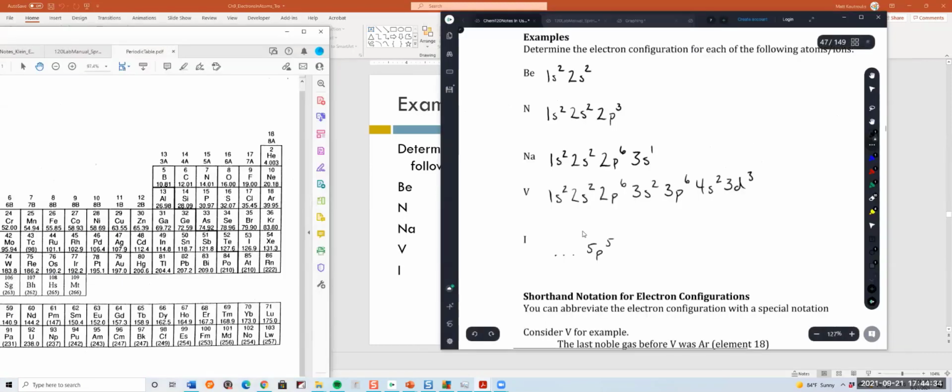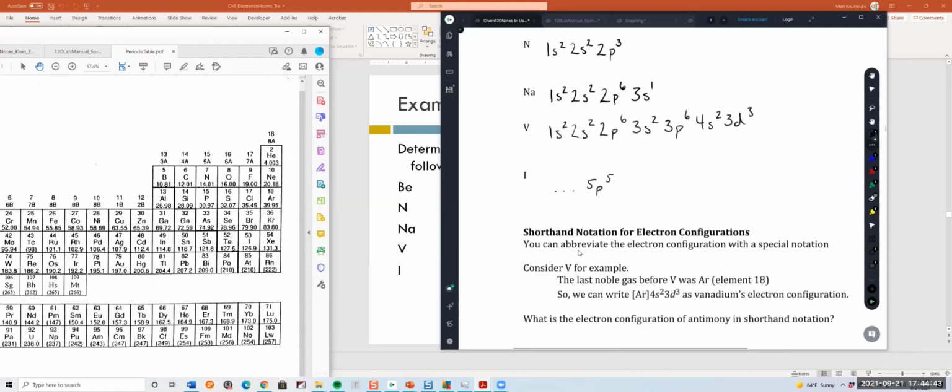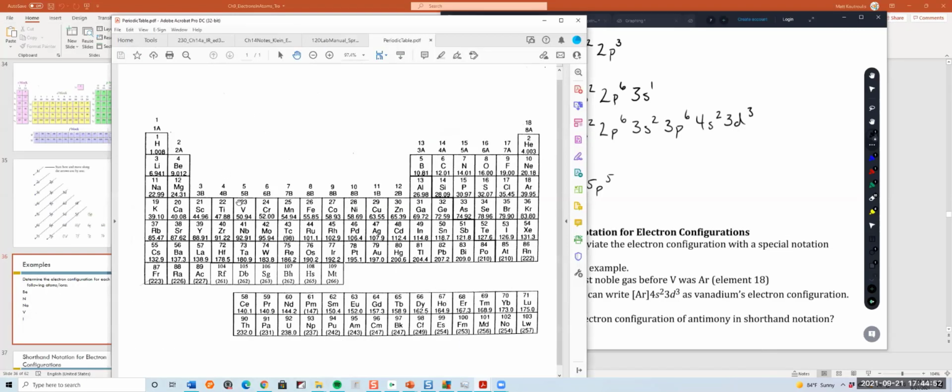Now there is a shortcut notation. And I strongly, strongly encourage you to use it. Okay? The shortcut notation works like this. For a given element, you find it on the periodic table, then go backwards until you find a noble gas. Remember, these are the noble gases. So you say, well, vanadium, its last noble gas was argon.